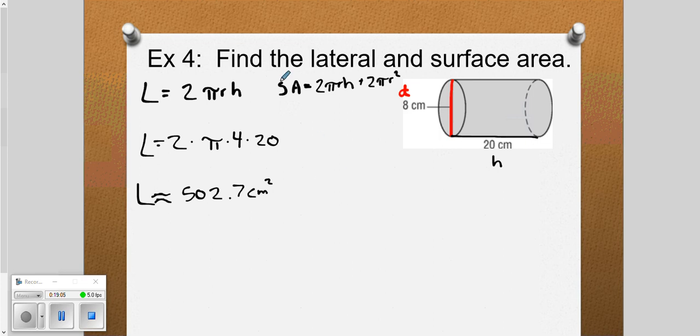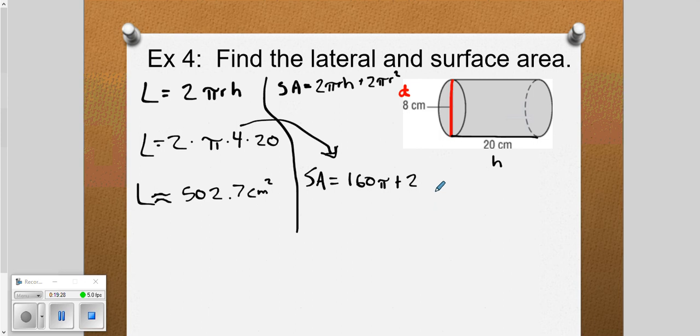And then surface area, since I had to round that other part, I actually don't want to type all that in. I might go ahead and do 2 times 4 and get 8. 8 times 20 is 160 pi. But if I round this and I type it in, I'm going to double round, and I want to avoid that. So this became that part there. And then times pi times our radius, we already said was 4 squared.